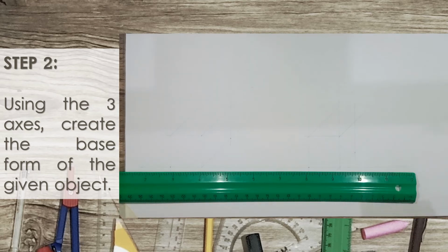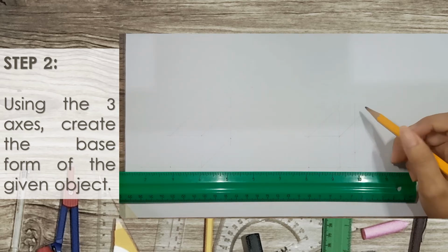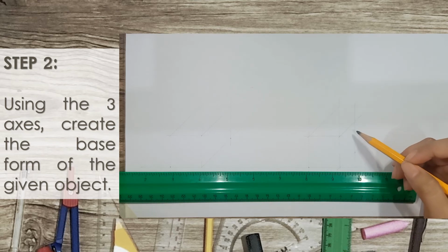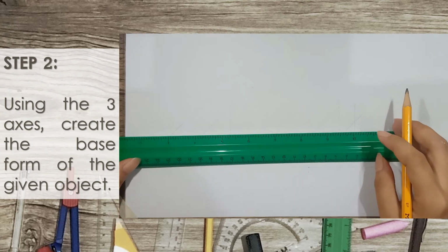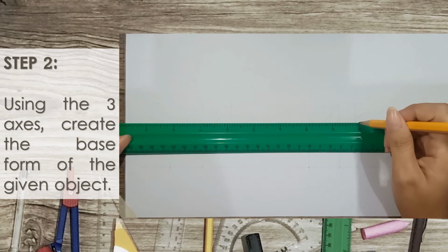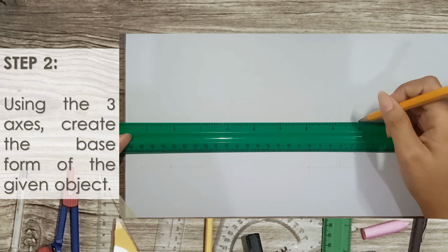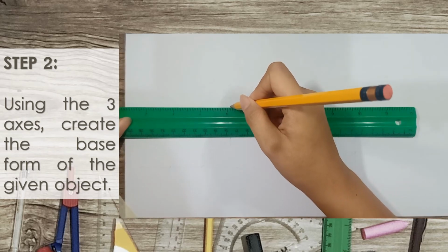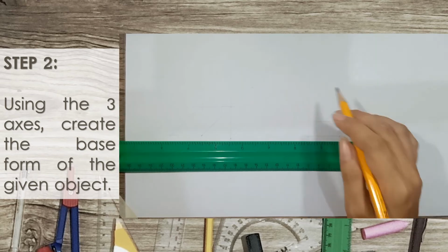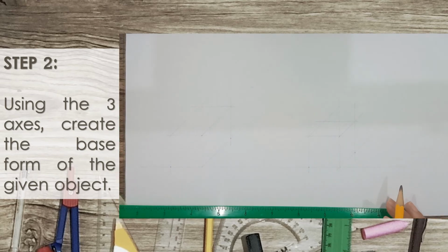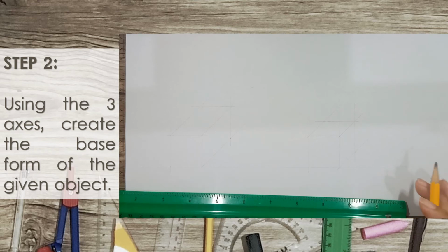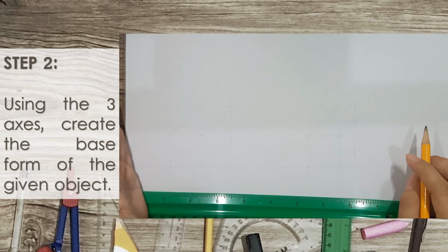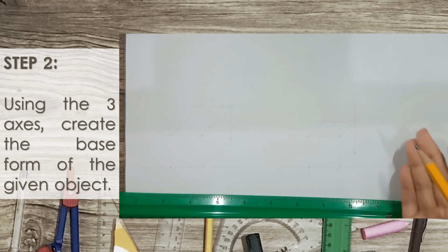And then again, there is a missing edge on this part, on the top view. So we will create the horizontal line from this intersection and then from this. So now we are done creating the base form of the object in a cavalier oblique and cabinet oblique.